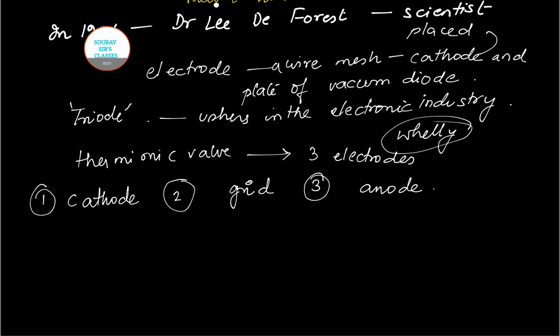Now for effective control of electrons, the grid is kept closer to the cathode than the plate, and our plate is nothing but the anode.